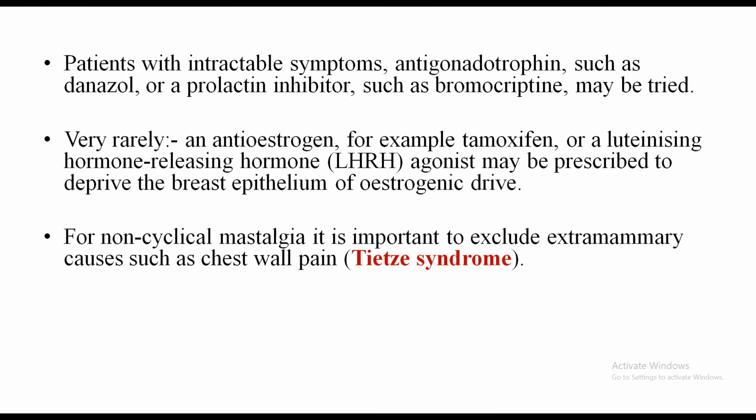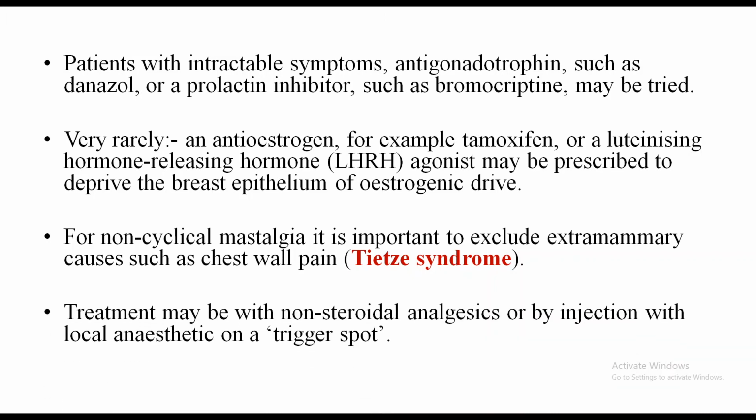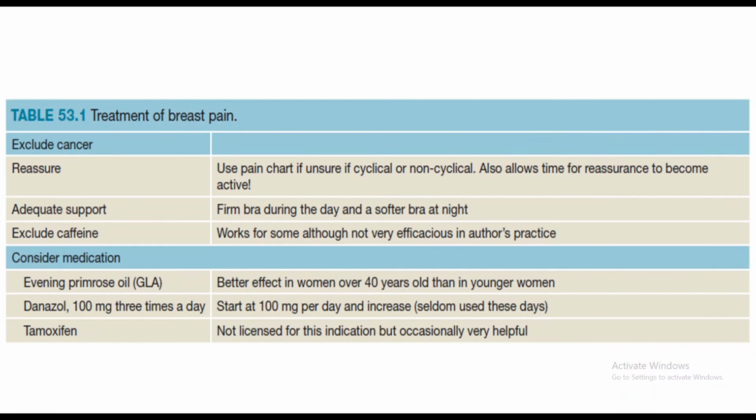For non-cyclical mastalgia, it is important to exclude extramammary causes such as chest wall pain, that is Tietze syndrome. Treatment may be with non-steroidal analgesics or by injection of local anesthetic at a trigger spot. Now again, this is a table in Bailey and Love for treatment of breast pain.